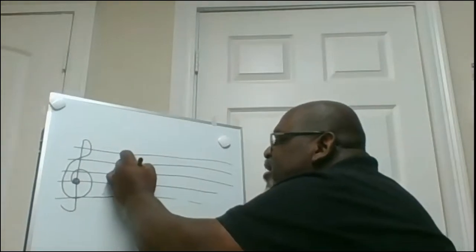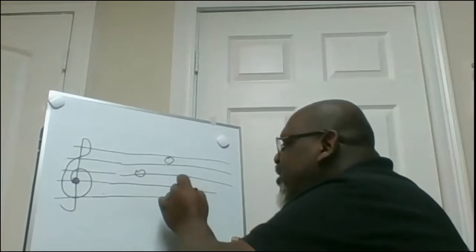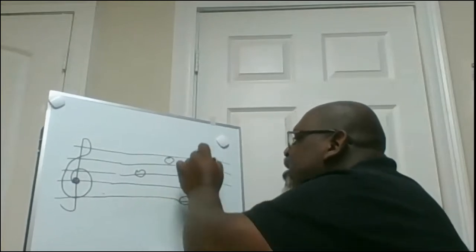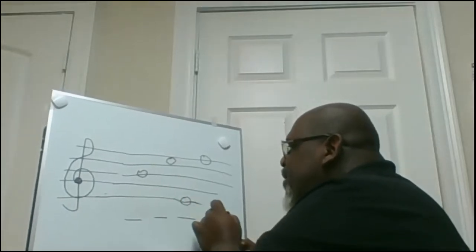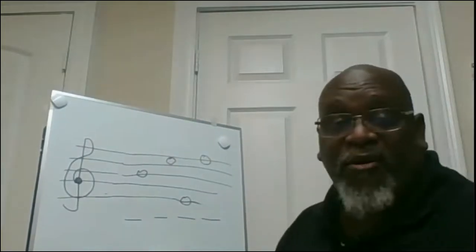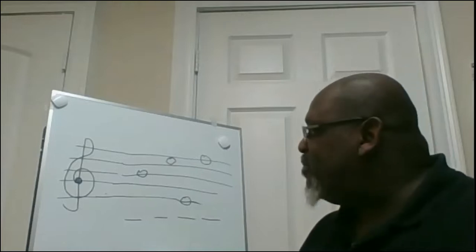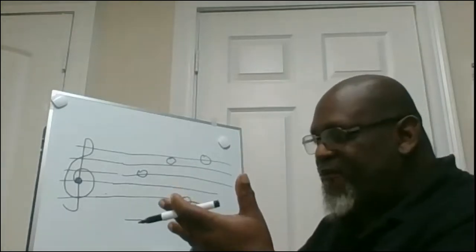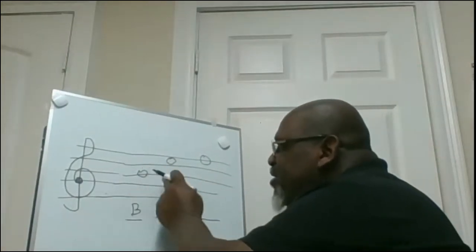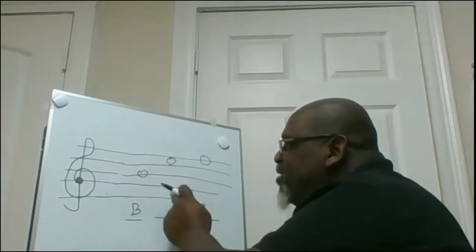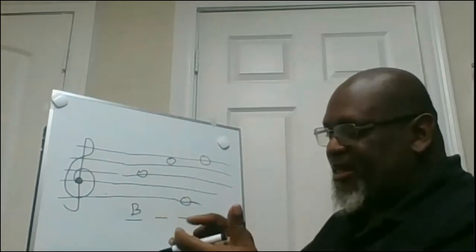So you got one here, a note here, a note here, and a note here. Wonder what our word is. Can you tell? 1, 2, 3. Every good boy. That's a B. And then we go next. We go not in order. And that's in a space. F-A-C-E, it's an E.